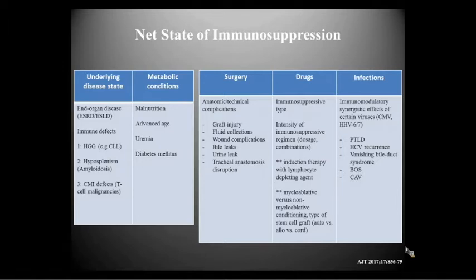All of these different viruses have been found to have immune modulatory properties and have been shown to have a role in causing conditions like post-transplant lymphoproliferative disorder, HCV recurrence in somebody who had HCV, vanishing bile duct syndrome, which is basically chronic allograft dysfunction in liver transplant recipients, bronchiolitis obliterans syndrome, and then coronary atherosclerosis in your cardiac transplant recipients.